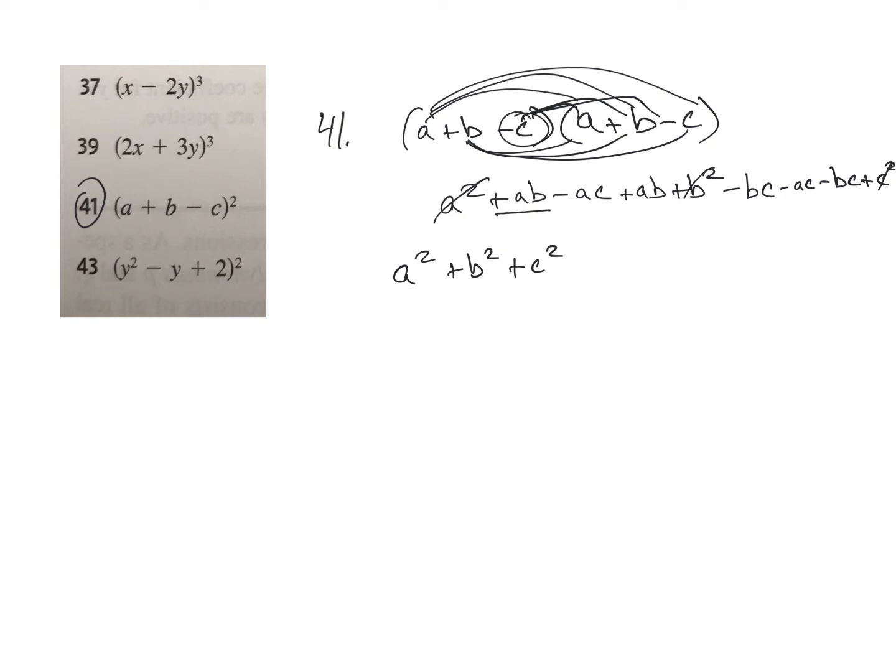A plus ab, another plus ab, so that's 2ab, and there aren't any more. We have a negative ac, a negative ac, so that's a negative 2ac. And then we have two of these minus bc's, so minus 2bc. And now you're done.